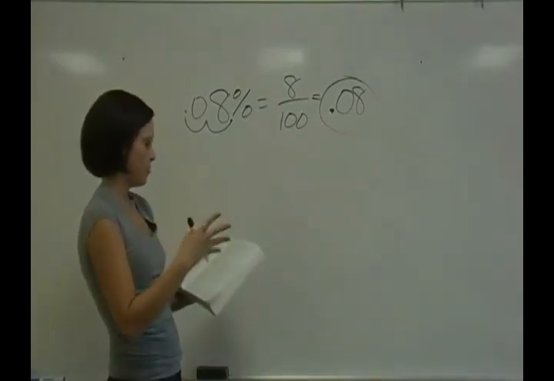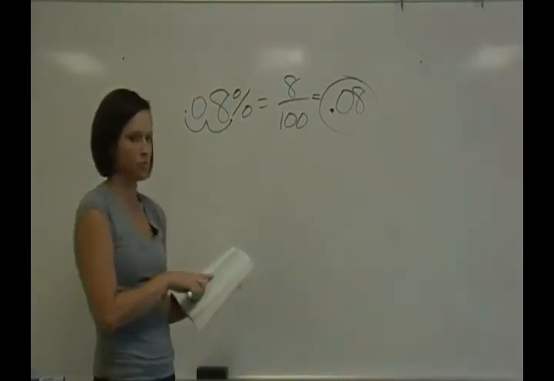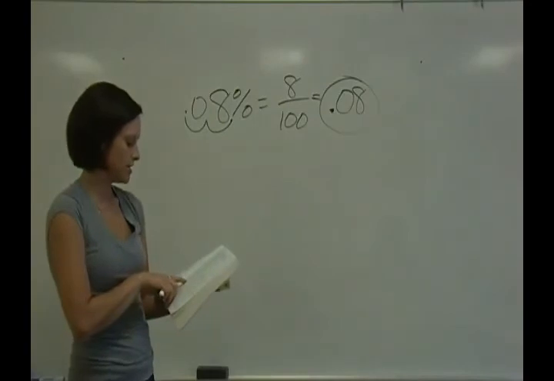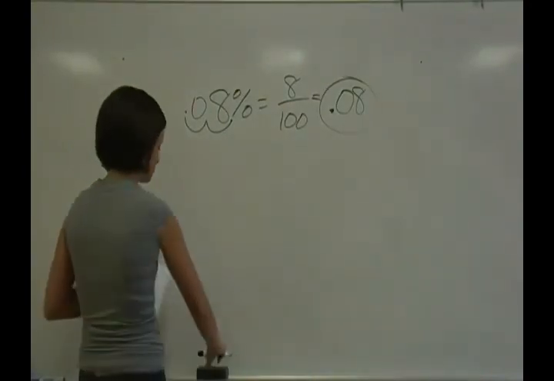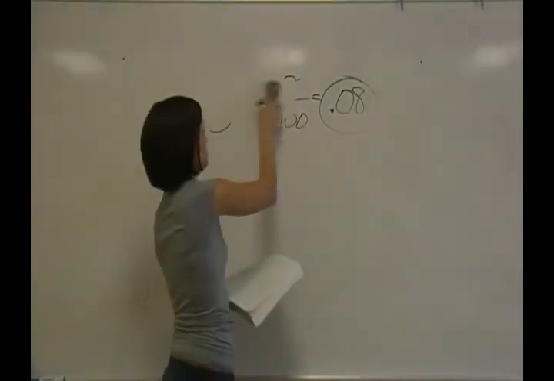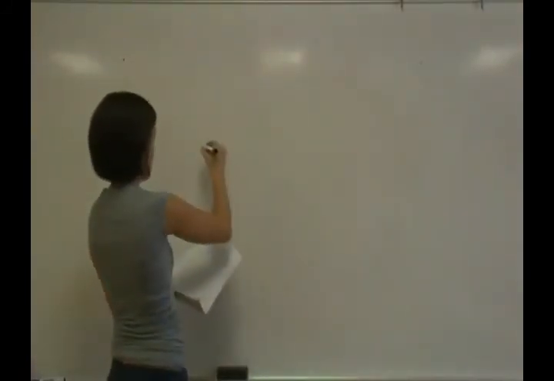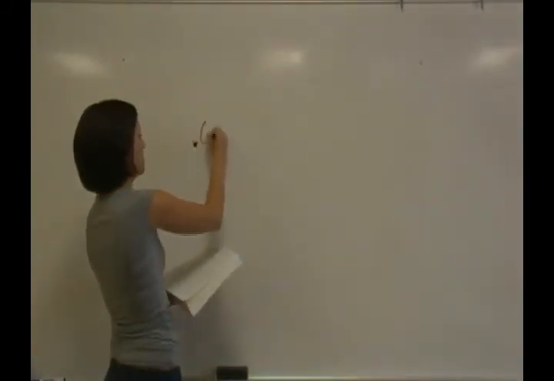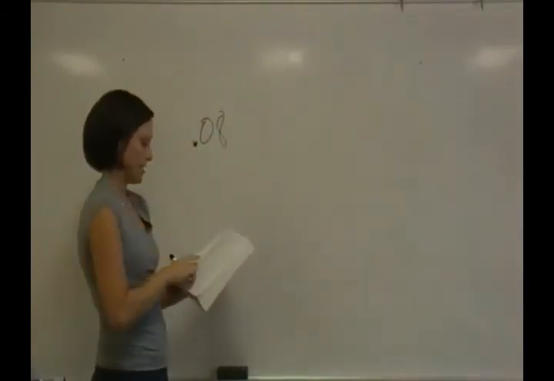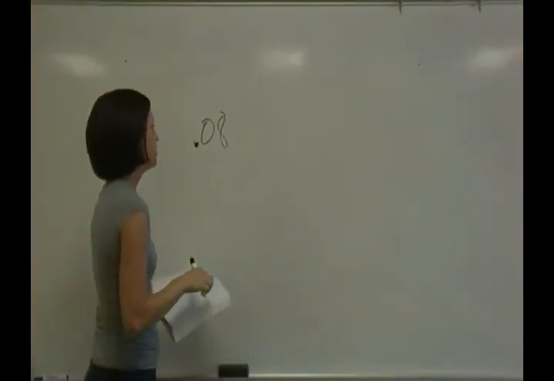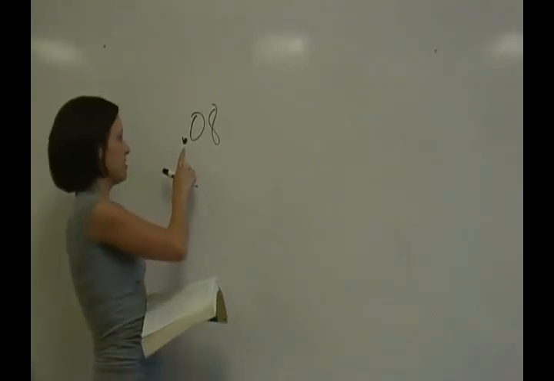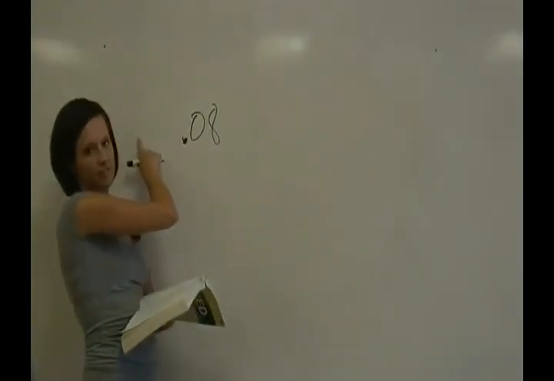Now we're going to work it the other way. Let's change our decimal to percents. So let's look at number 28. 28 is pretty much the same problem that we just did, just working it the other way. So 28 says, what is 0.08 written as a percent? Now you notice when we divided, the decimal shifted to the left.